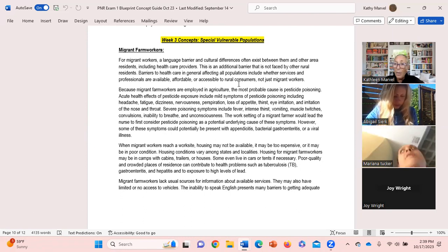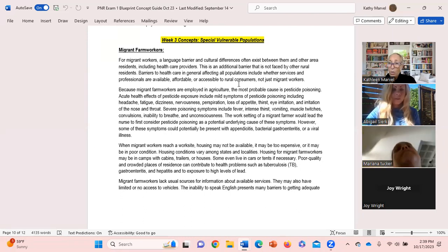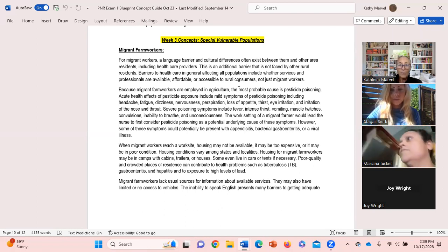The second paragraph has to do with pesticide poisoning, one of the most important risks for migrant populations. Here it goes through what is an acute side effect and what is a chronic side effect.